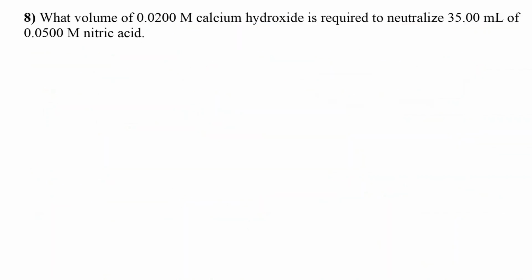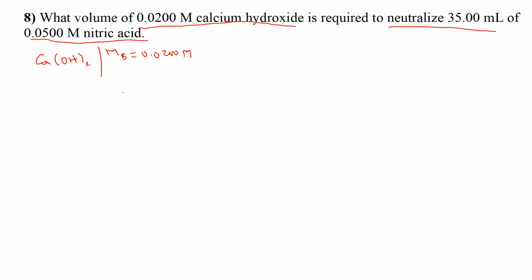What volume of 0.02 molar calcium hydroxide is required to neutralize 35.00 ml of 0.05 molar nitric acid? So here we have a neutralization, meaning we have a base, calcium hydroxide, that will react with nitric acid, which is our acid. So we have calcium hydroxide, and we have the concentration, MB, 0.0200 molar.